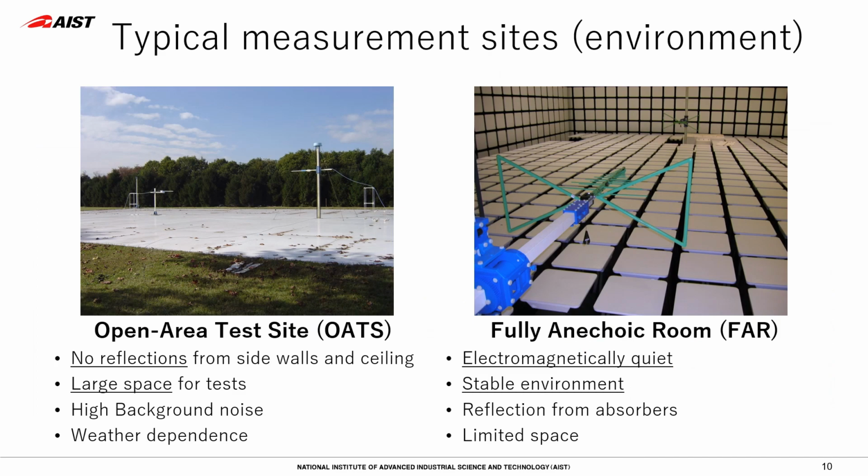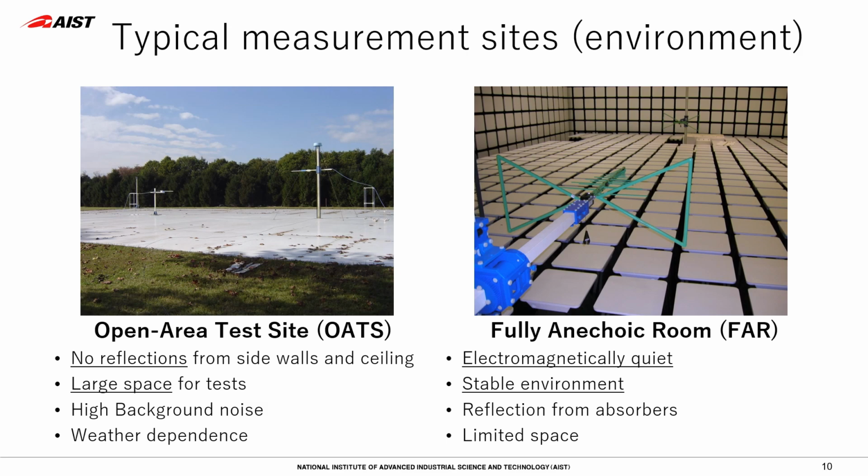As I mentioned in an earlier slide, since antennas couple with their surrounding objects, antenna measurement, especially for antenna calibration, requires a very big space to realize a definition. These are two typical measurement environments in calibrating antennas. The left picture shows an open test site and the right a fully anechoic room.